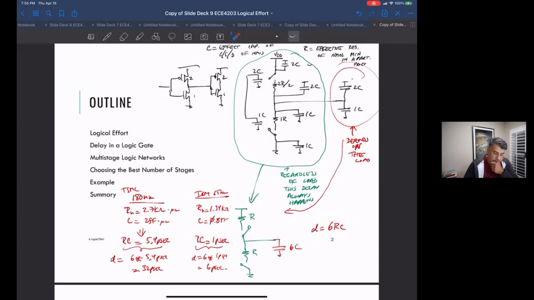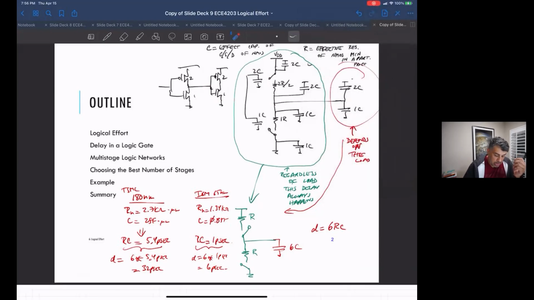And then for that case, I have a different delay equation, and I can throw the RC in for different processes and analyze how fast the circuit is if it's implemented in this process or in that process. So again, a real nice analysis tool for doing what-if analysis upfront in your designs. Okay, so it's a nice little model.